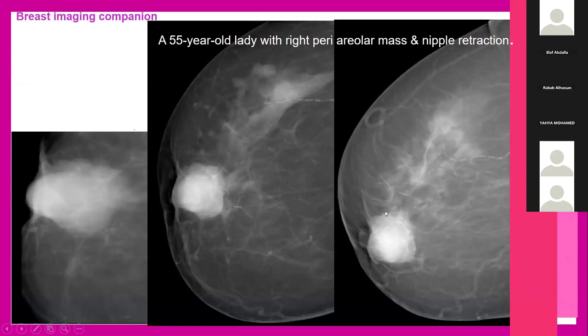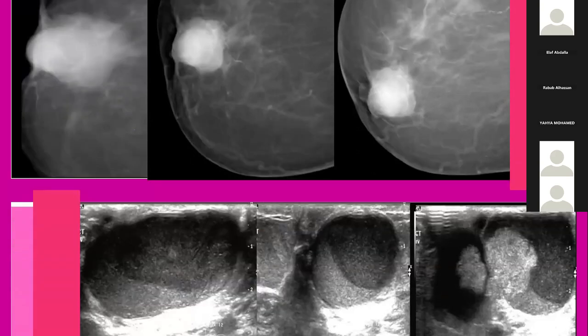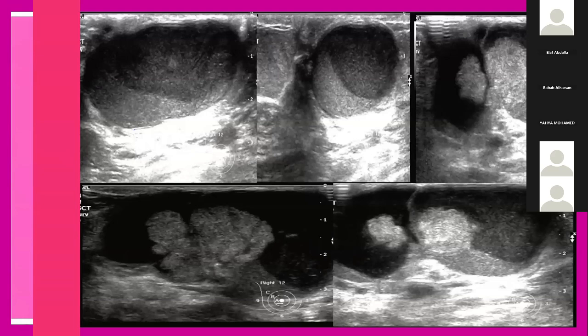If you look at this patient, we have a very high-density mass engulfing the nipple. Can you see? With nipple retraction and associated with segmental nodular asymmetry in the upper outer breast. So confidently, I reported it as BI-RADS 5 for biopsy correlation, especially after I had done a breast MRI for her.